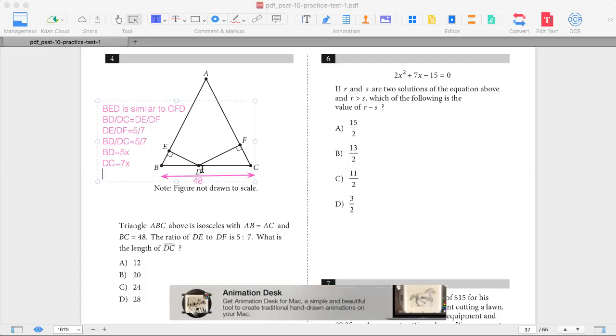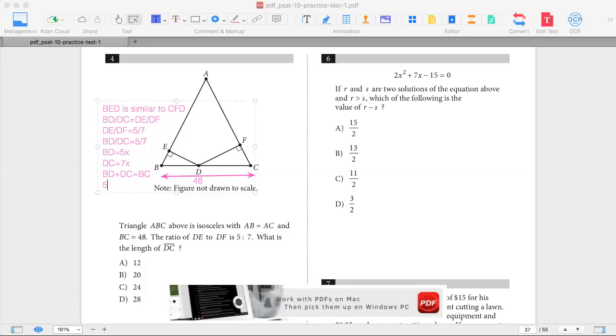Together, BD and DC make BC, and BC is equal to 48. So BD plus DC is equal to BC. BD is 5x plus DC is 7x, which is equal to BC, which is equal to 48.